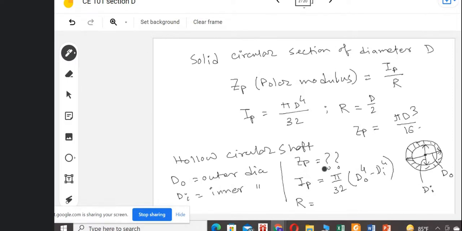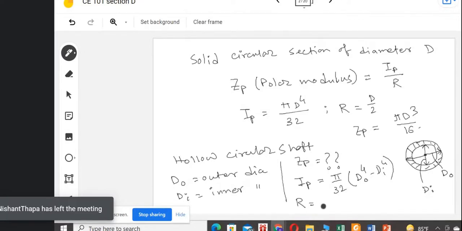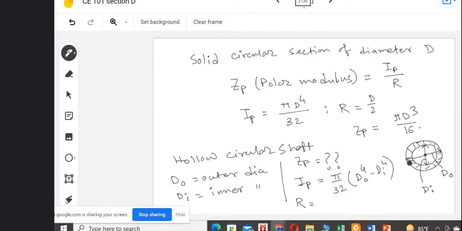Yes, D naught by 2. R is the greatest radius of this section. Here the maximum cross section goes up to D naught. So as he rightly said, this is D naught by 2.